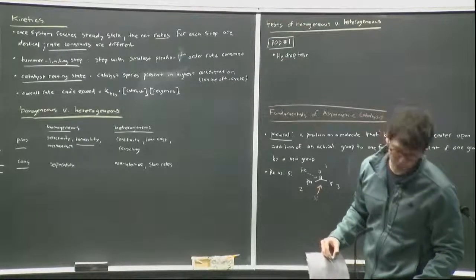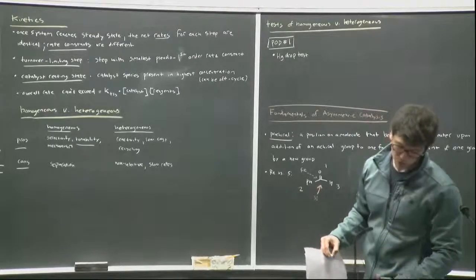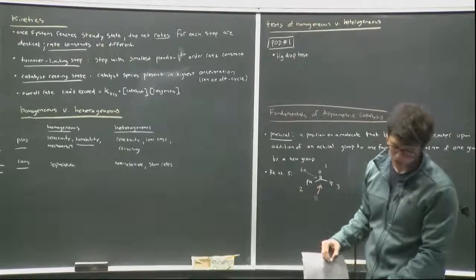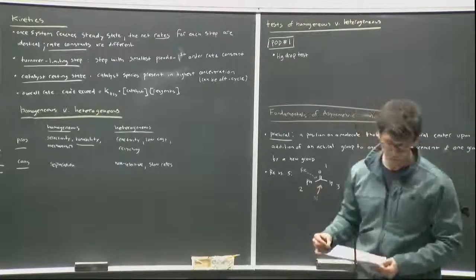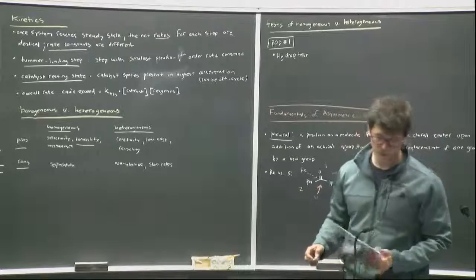If it continues, it's likely to be homogeneous. So it's known that metallic mercury can interfere with heterogeneous particulates in solution, but does not do the same thing with homogeneous processes. So that's a classical experiment. Okay, very good. What else?